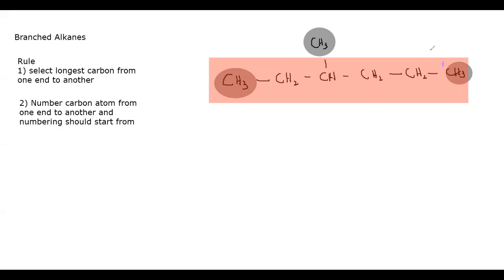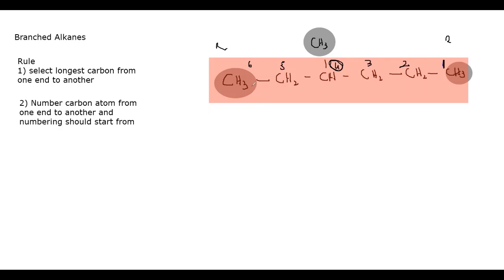So if I count the carbon from one end to another, 1, 2, 3, 4, 5, 6, if I'm counting from right to left, the branch is coming with a 4th carbon.